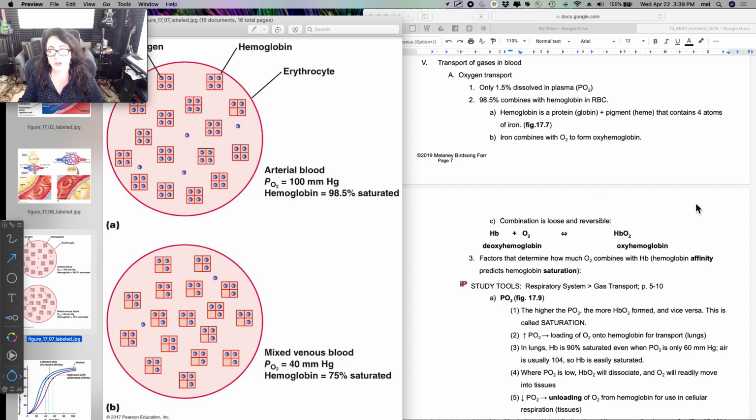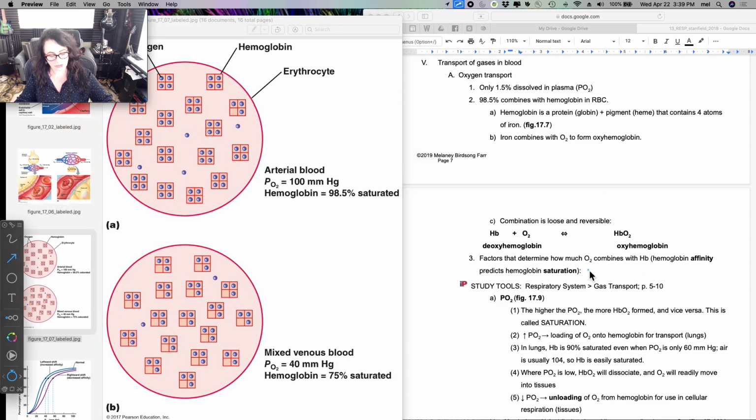Okay, so I want to talk about the factors that determine how much oxygen combines with hemoglobin. The other way to say that is what is hemoglobin's affinity for oxygen, or how saturated is hemoglobin with oxygen.